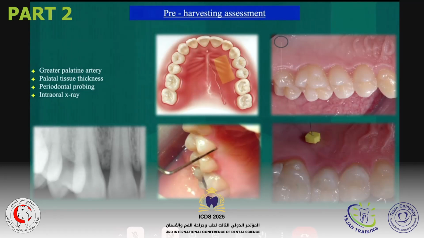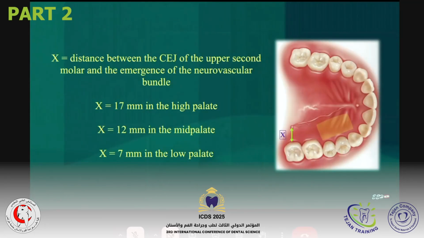The palatal tissue thickness is very important to know before making the harvesting, and on the side where we will do the harvesting, we make the probing to know if we have some pocket or not. And it's important to do also an intraoral X-ray. Some numbers are very important to remember.